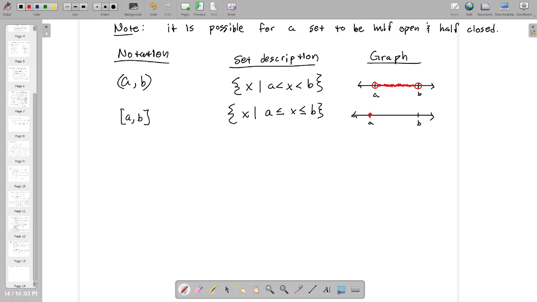This means we graph with closed dots, indicating that this is actually within the set. And then we shade everywhere for which the number is included in the set.